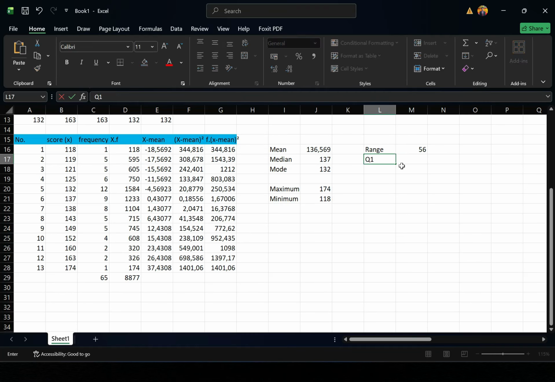So we'll be moving on to find the quartile 1. Just use 1 divided by 4 times the frequency plus 1. For the quartile 2, same, but we use 1 divided by 2 times the frequency plus 1.